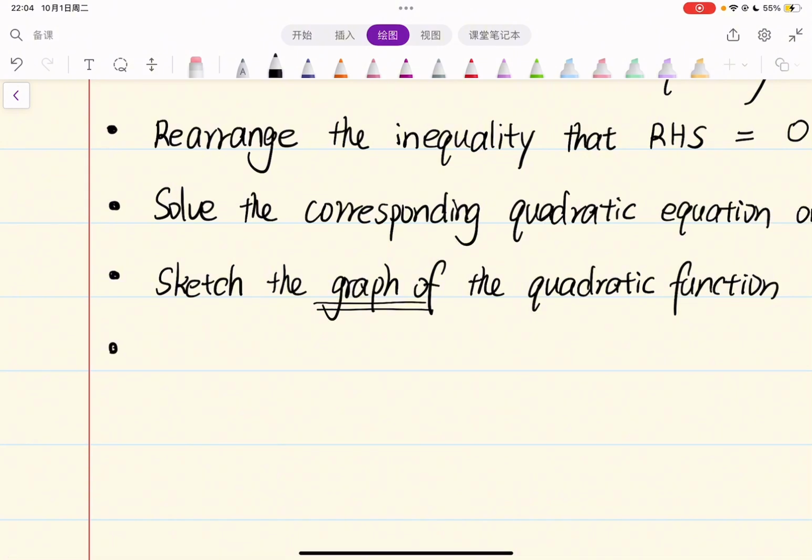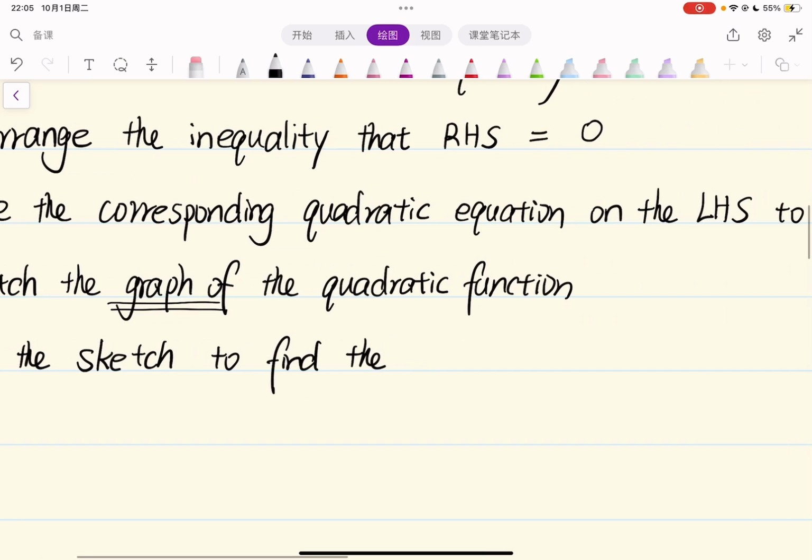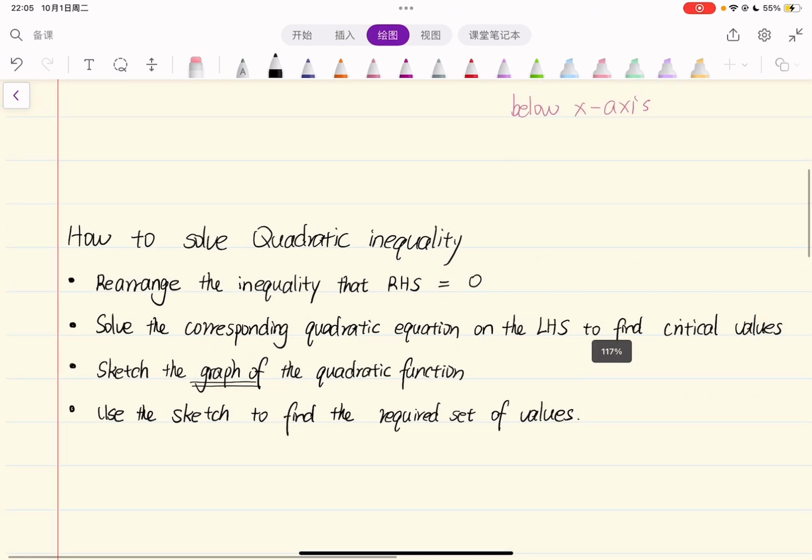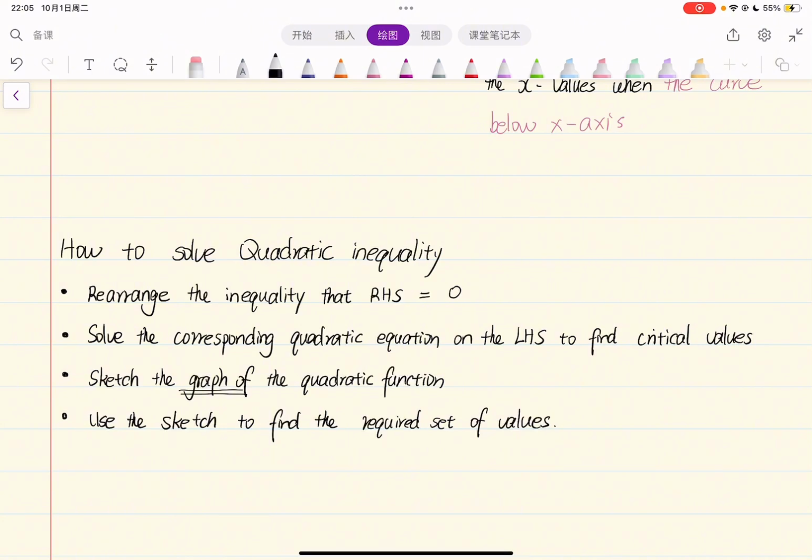And then we use the sketch to find the required set of values. Here is the process.